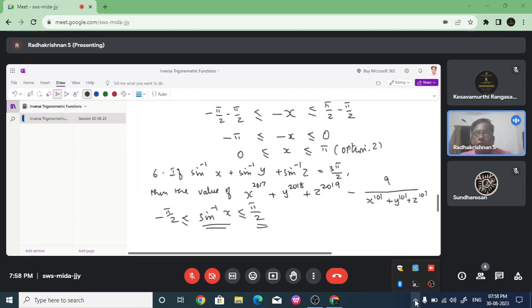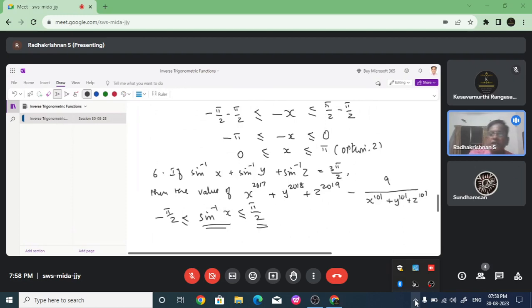So now you see there are three terms adding up to 3 pi by 2. So what does it indicate? They are all at maximum, right? So each one has to be pi by 2. Then only the three different sine inverse can add up to 3 pi by 2, right?